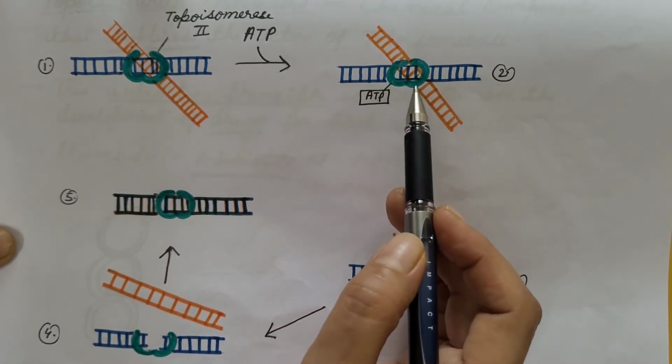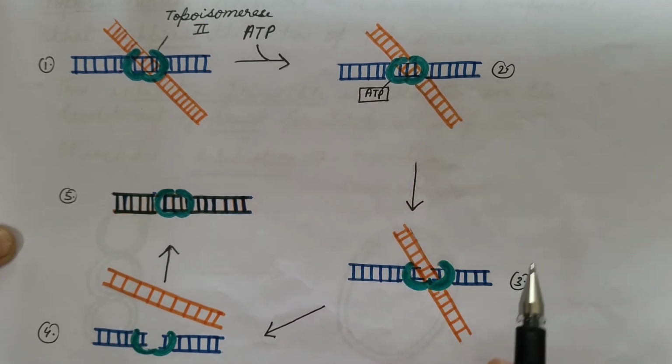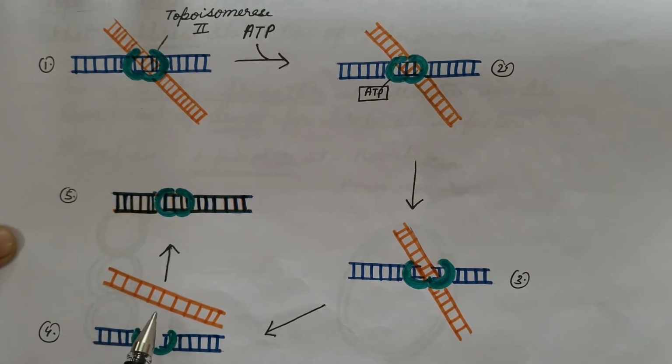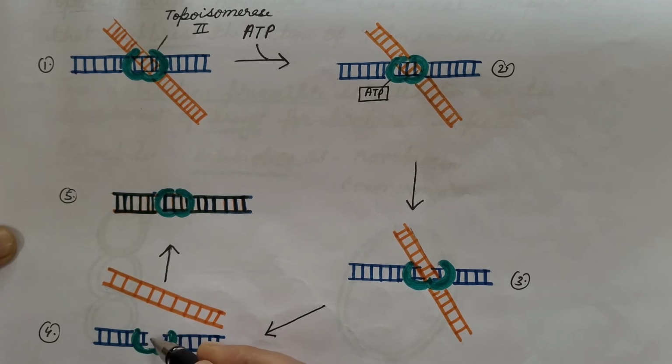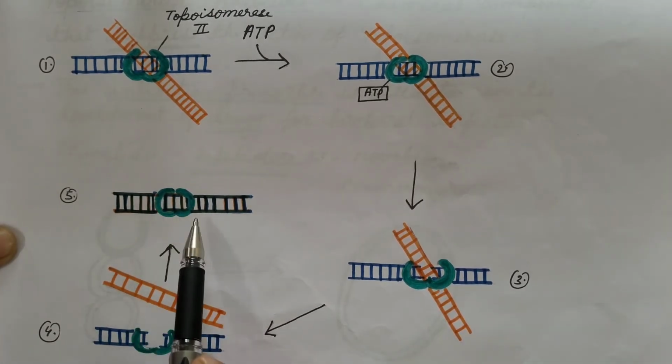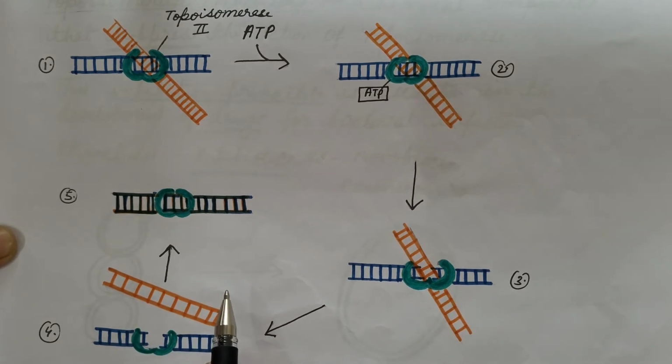So, it binds at this site. Then one of the double-stranded DNA is cleaved. It cleaves both its strands, and the other DNA helix, which is intact, passes through the gap. Then this cleaved DNA is rejoined or religated. In this way, supercoil is removed or DNA is relaxed.